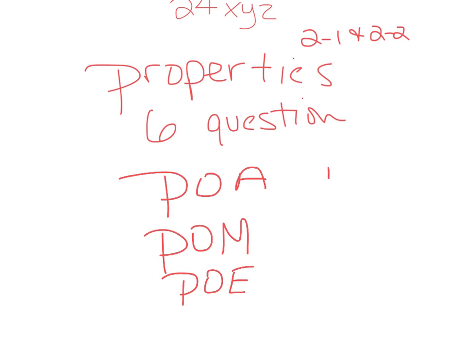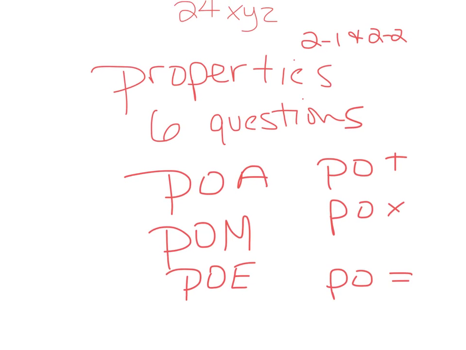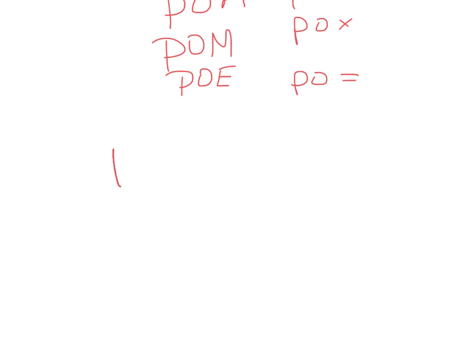If you want to do PO plus, PO times, whatever abbreviation, as long as I can read your writing, or property of equality. So that's where the properties came from. So 6 property questions.